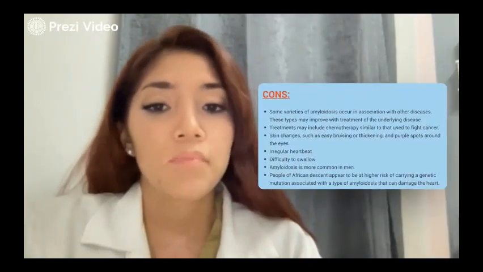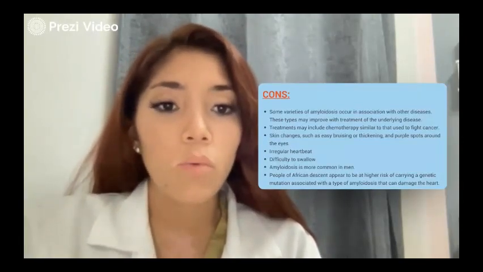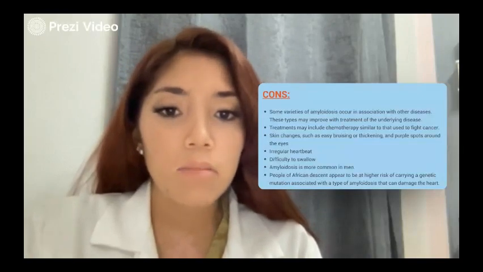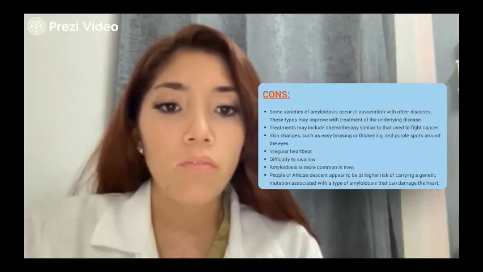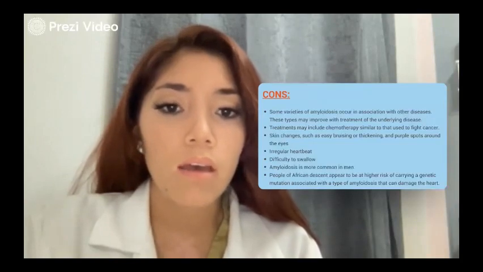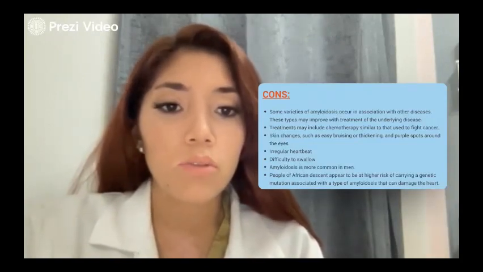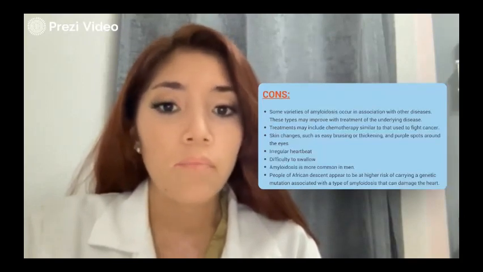The cons. Some varieties of amyloidosis occur in association with other disease. These types may improve with treatment of the underlying disease. Treatments may include chemotherapy similar to that used to fight cancer.